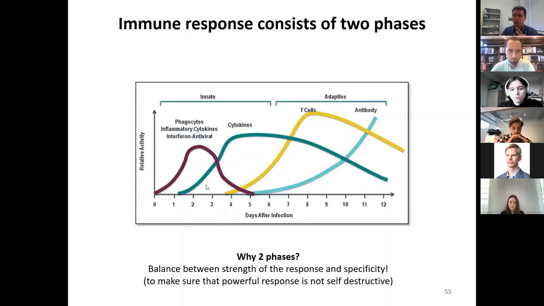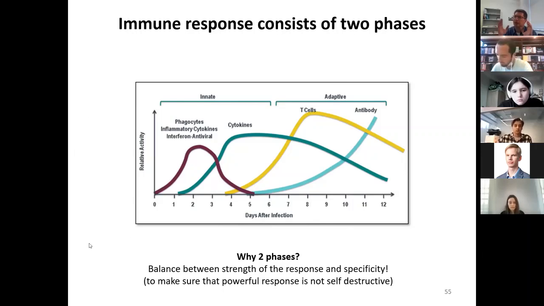Now, this is a very important part: not only are there evolutionarily two parts of this process, but you also have, time-wise, two phases, one associated with the innate immunity, the other associated with the adaptive immunity. And why are these two phases really critically important?